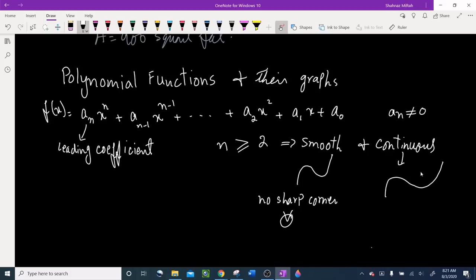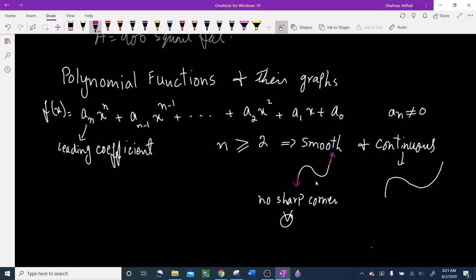What is end behavior? Now end behavior, I'm going to use a different color. End behavior means the graph of the function to the far left or far right. So you see, this is far left, and this is far right. So these are the end behavior.